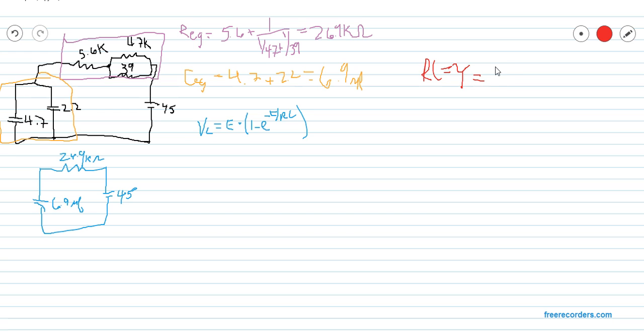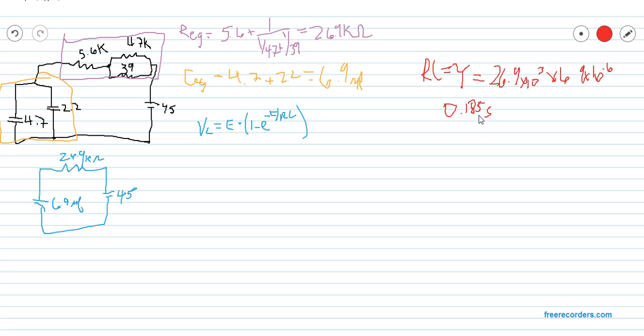So our RC is equal to 26.9 times 10 to the 3 multiplied by 6.9 times 10 to the minus 6. Basically that gives us 0.185, and that's in seconds.